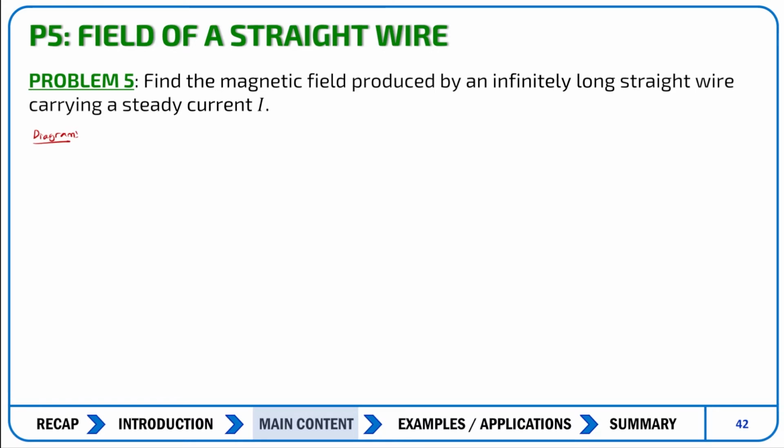For the diagram, we have a wire, so I'm just going to draw that wire, and it carries a current. So I'm going to assume the current goes this way, I, which means at a certain point we have dl. It's going to go this way.